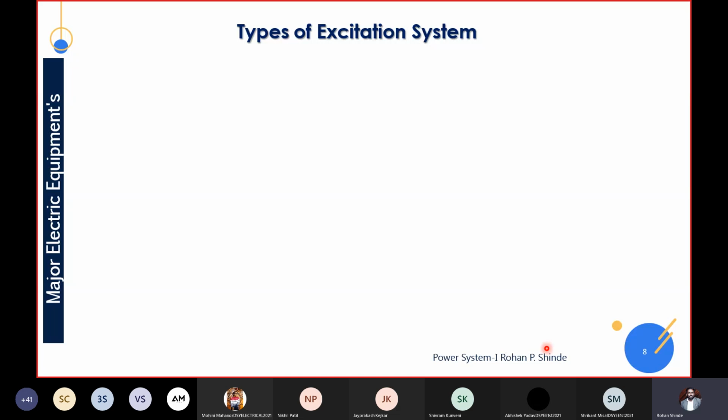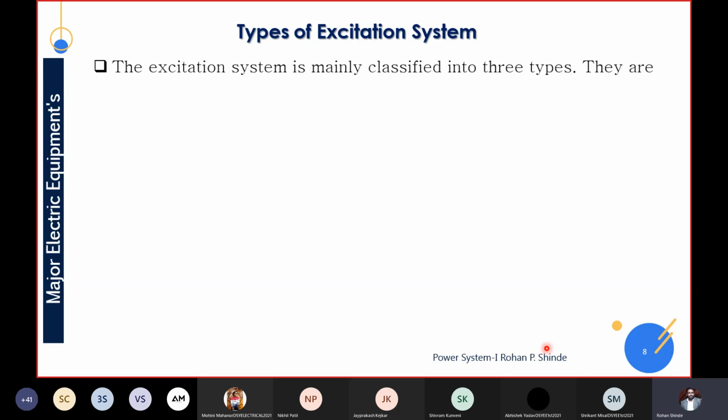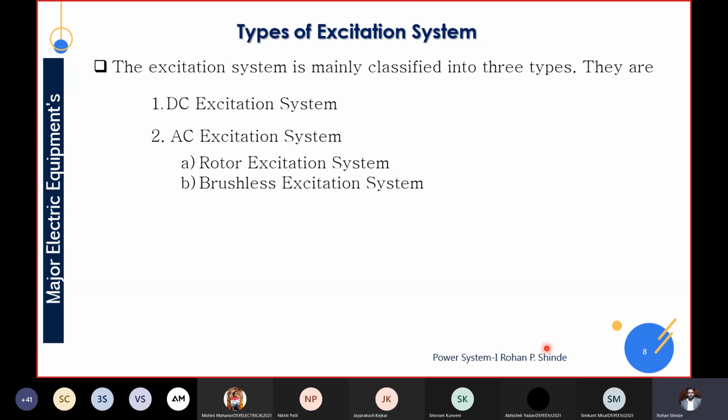Now we will see the different types of excitation system. The excitation system is mainly classified into three types: first is DC excitation system, second is AC excitation system, and third is static excitation system.